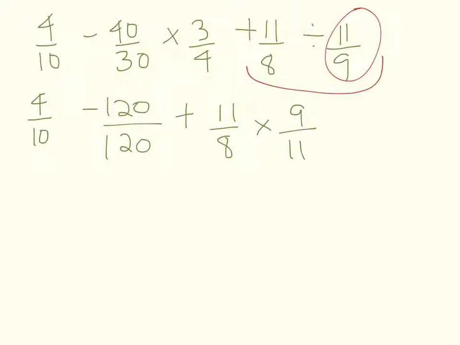9/11. Okay? So now we have 4/10 minus 1, negative 120 divided by a positive 120, we have unlike signs, so it's going to be a negative 1, and that makes it a lot simpler. And plus our 11/8 multiplied by 9/11.